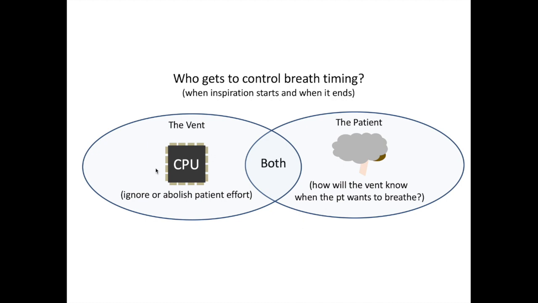Sometimes you have the vent completely controlling and sometimes you have the patient completely controlling, sort of depending on what's going on, what efforts the patient is making, and how high you want their respiratory rate to be. And that's where AC modes come in, assist control modes. They tend to be a combination of the vent has complete control over when inspiration happens and the patient has some control over when the inspiration happens.